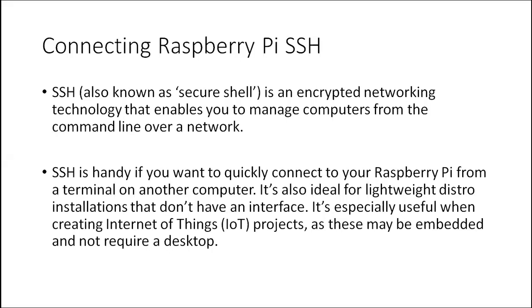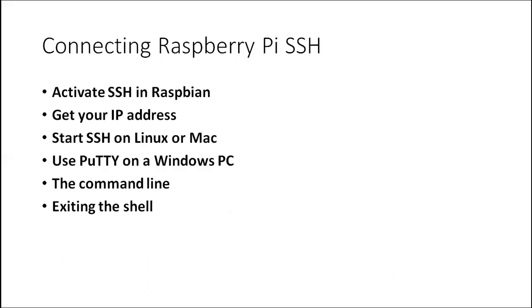Okay, so for this, next slide. For connecting to your Raspberry Pi with SSH, first you have to activate SSH in Raspbian. Earlier, for the one-wire protocol, we went to the configuration window, you remember.